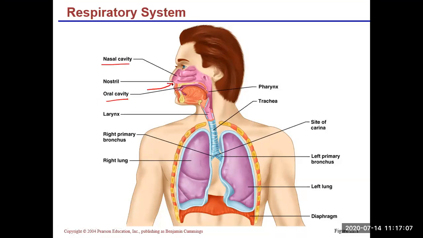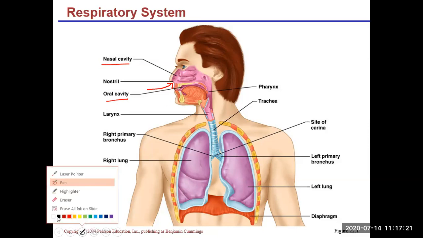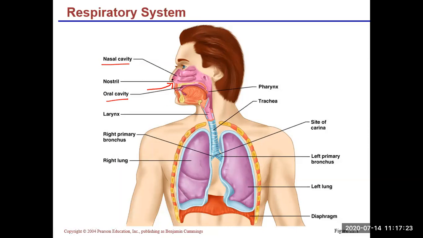As you inhale the air, this is what will happen. You have a lot of hair inside of the nose. These hairs trap dust particles, things that are unwanted to enter the lungs. You also humidify the air and make the air warm.